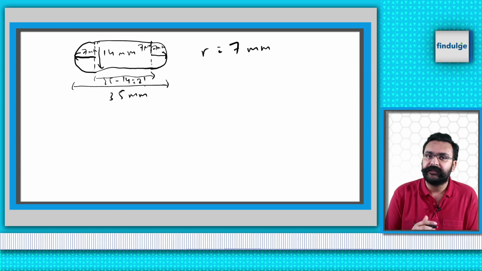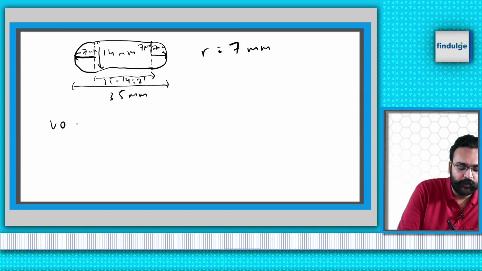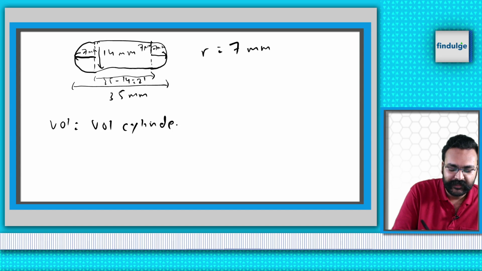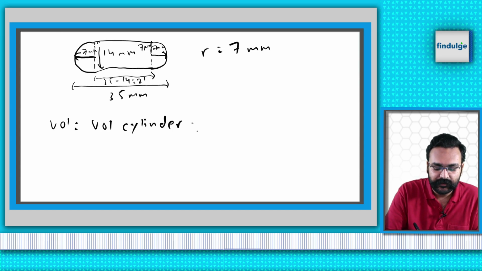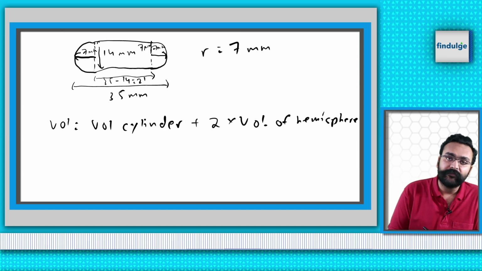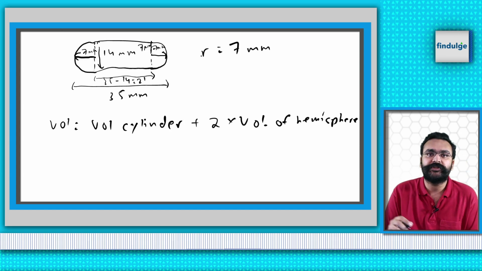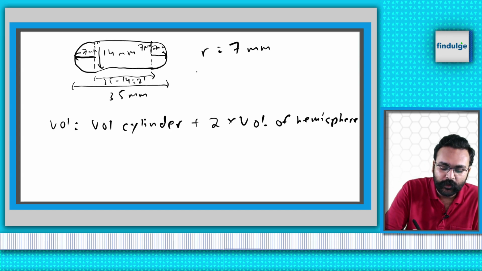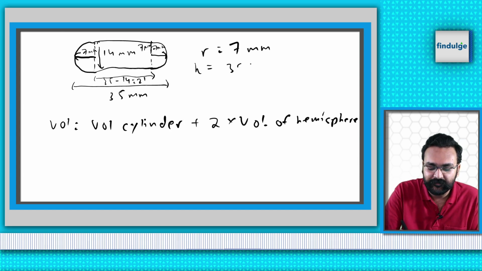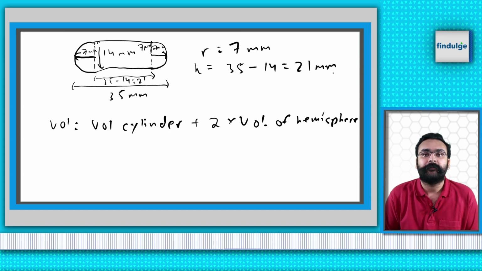Now volume is generally easier. We can see that the volume of the figure will be equal to volume of the cylinder, because the entire cylinder is enclosed, plus 2 times the volume of the hemispheres. Now, the radius of each of them is 7 millimeters, and we got that the height of the cylinder was 35 minus 14 equal to 21 millimeters.